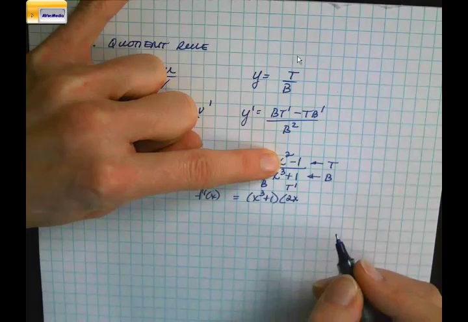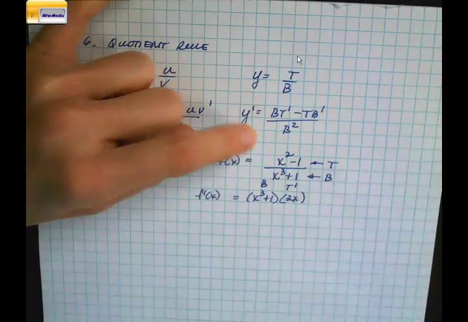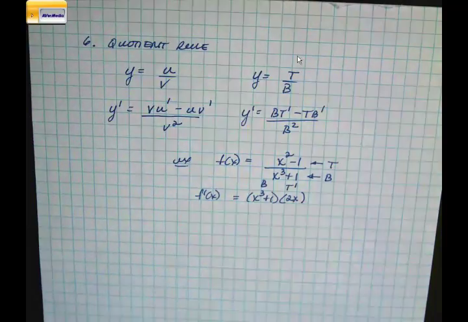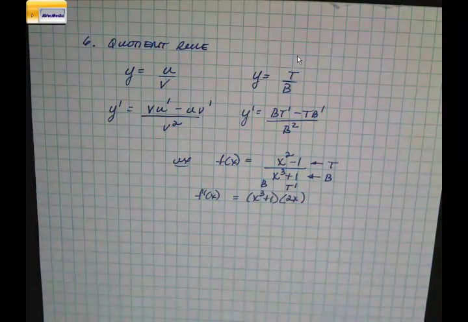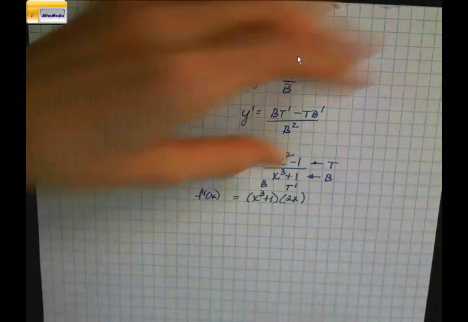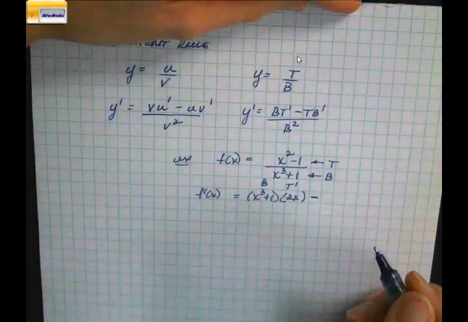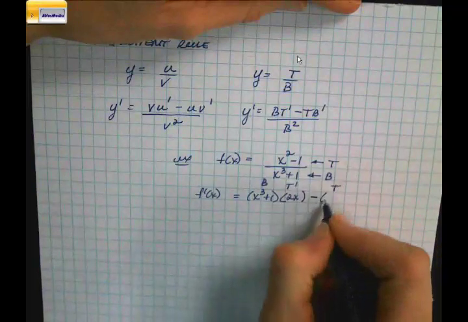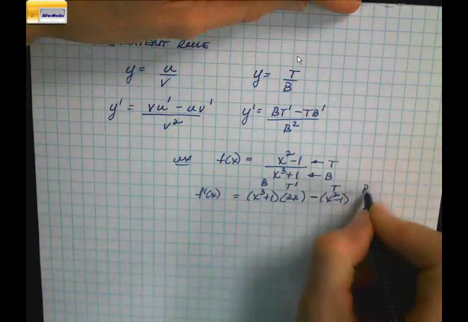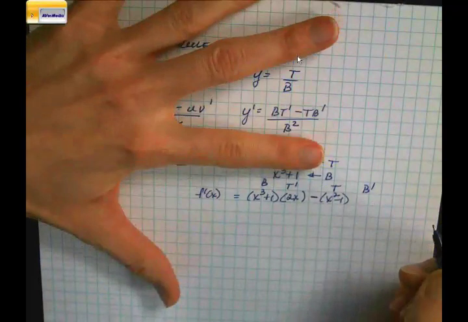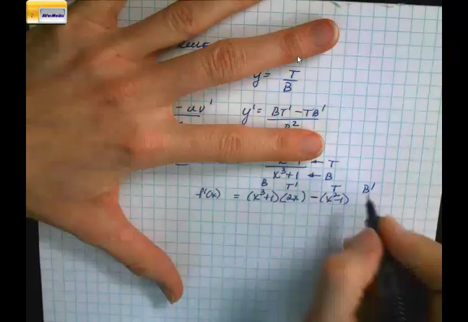So it's 2x plus 0, but that's going to look really bad, so I'm just going to write 2x. That's the bottom times the derivative of the top. Minus, that's a subtraction on this one, minus the top, which is x squared minus 1, times the derivative of the bottom. What's the derivative of x cubed?